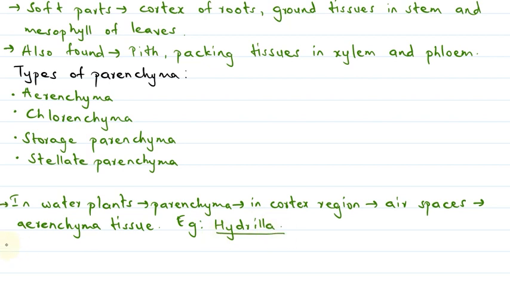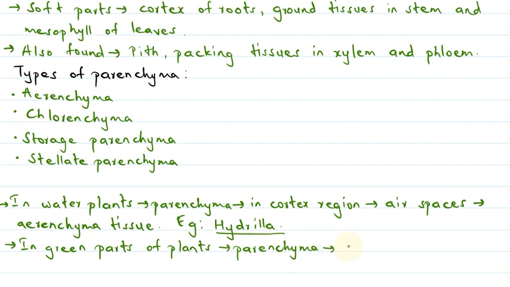Then, in certain green parts of plants, the parenchyma cells have chloroplasts.